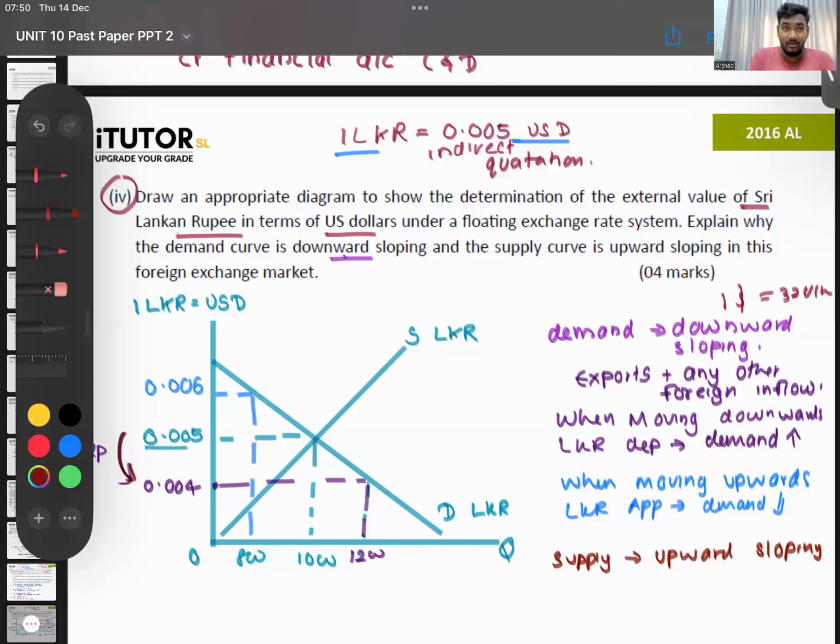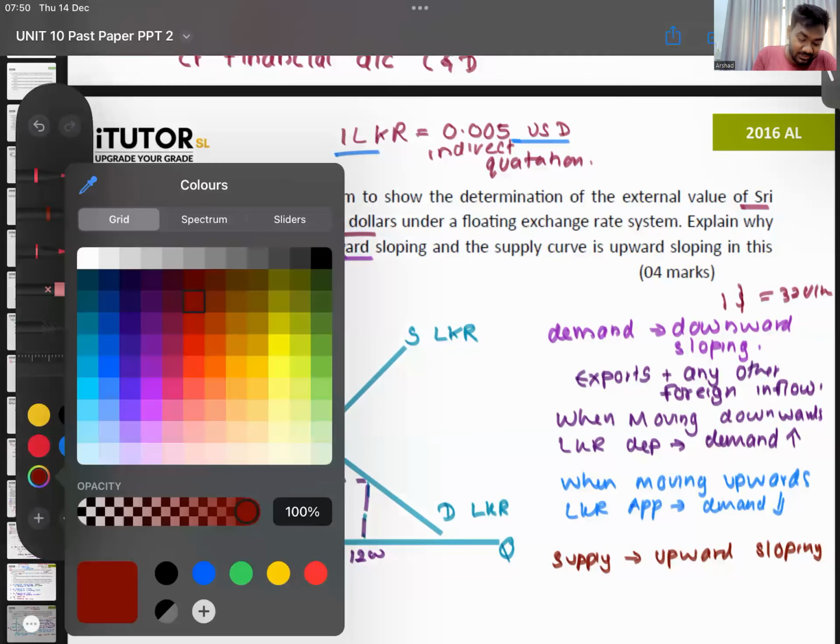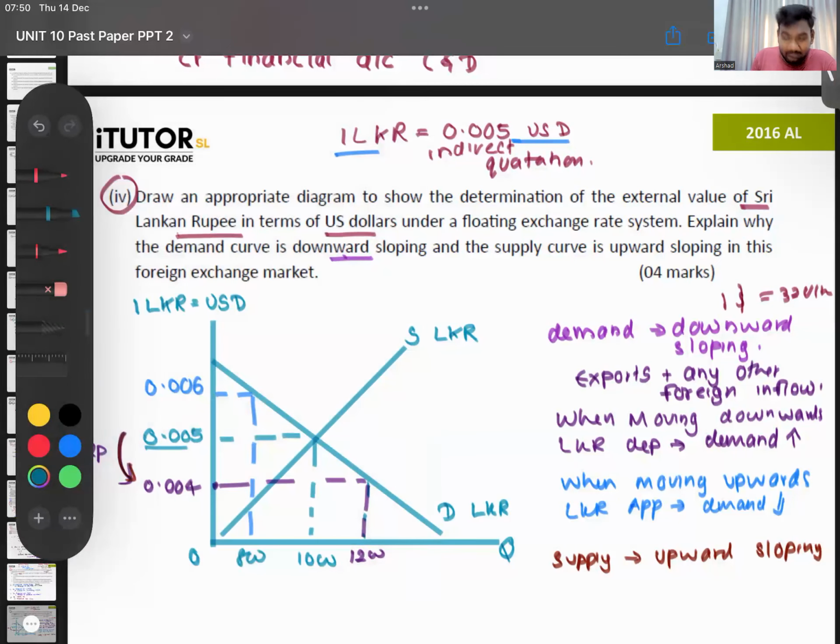The Sri Lankan rupee is supplied when Sri Lanka has to import, mainly import plus any other outflows whenever we have to pay.